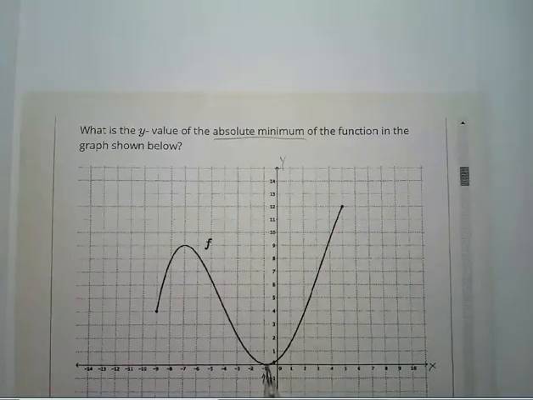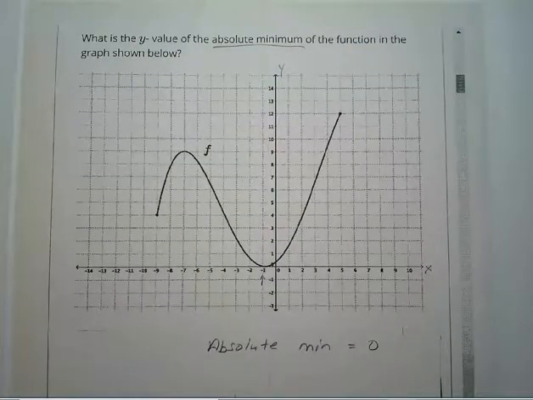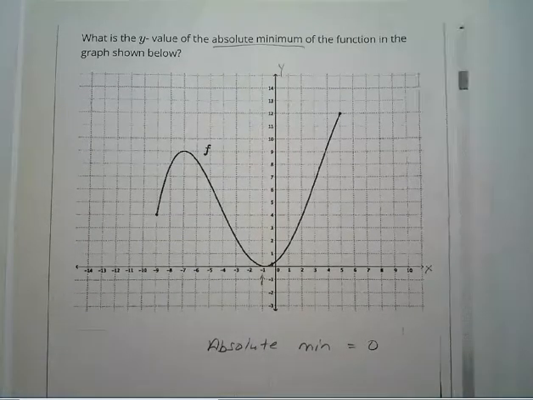So in this case, your absolute minimum is at y equals 0. So your absolute minimum is equal to 0. All right. Let's go ahead and move on to our next graph.